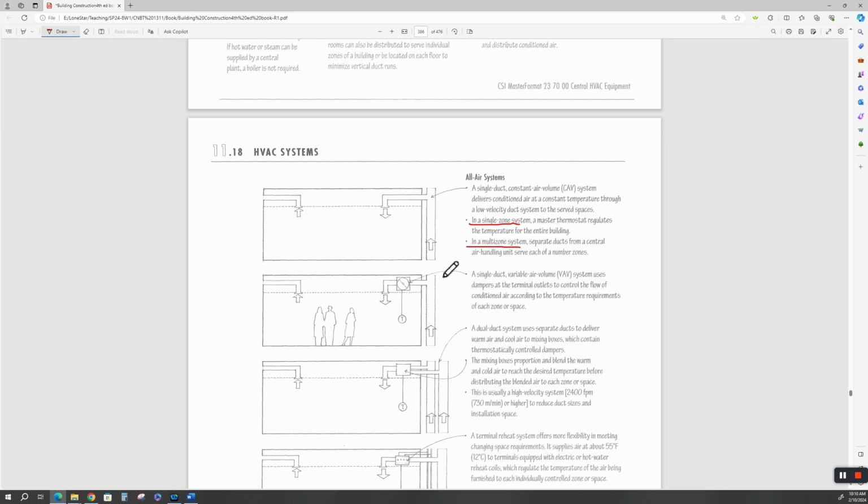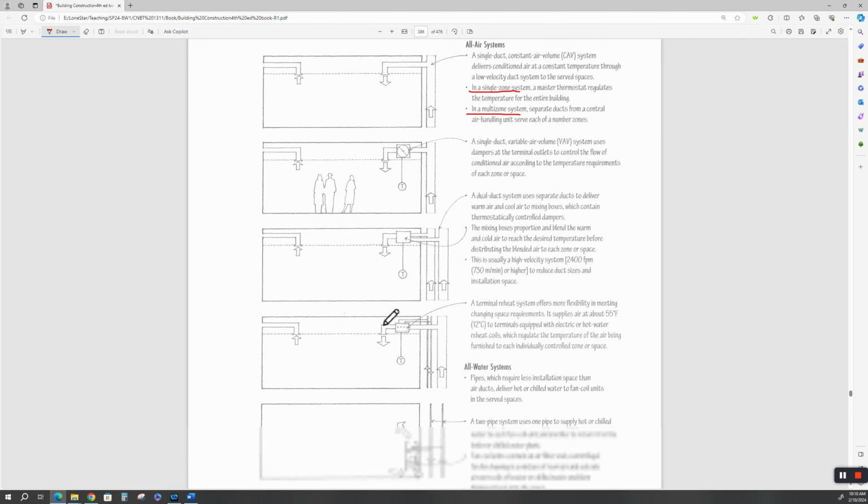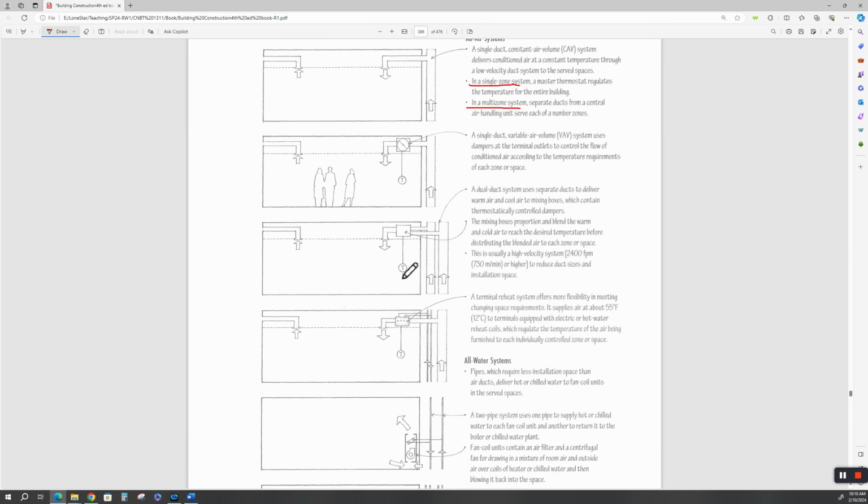Your commercial buildings, unless it's a single-story commercial building, are going to be multi-zone systems. Each one of these floors, let's just assume this is a high-rise, will have their own T-stat, their own control box. He calls it a mixing box, but that's what it is. It mixes the warm and cold air to set the temperature in that room.